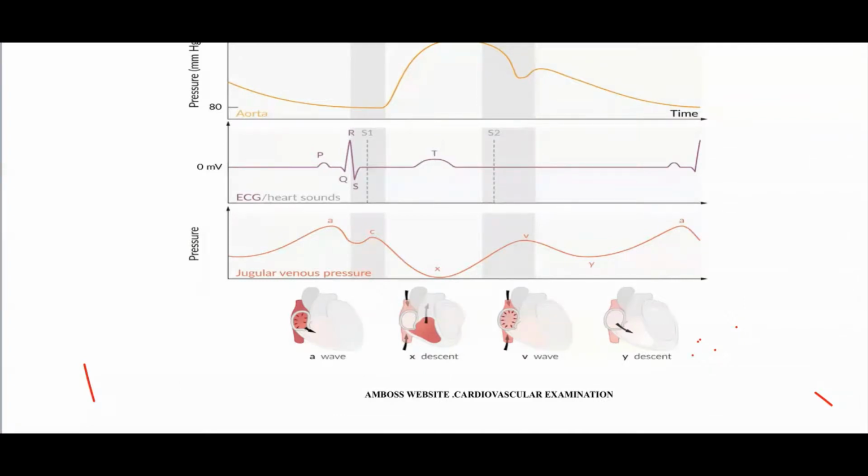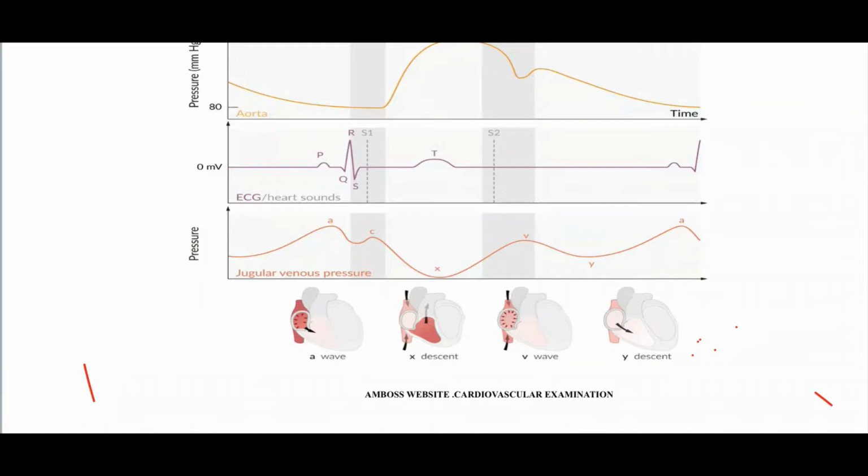And what is C? Upgoing of the valve. Thank you, because after the closure of the tricuspid valve and during systole, the annulus might push a little bit upward, minimizing the RA cavity and increasing the pressure momentarily. So C is due to the ascent of the tricuspid valve annulus.